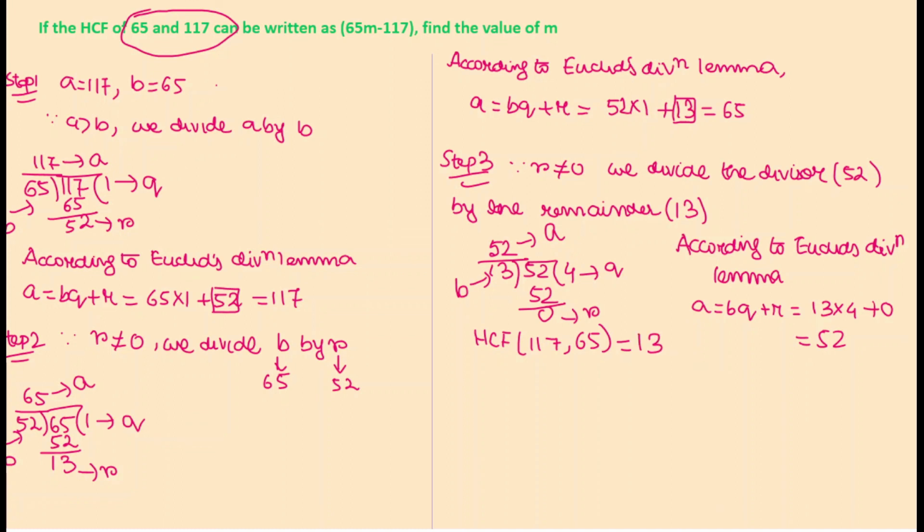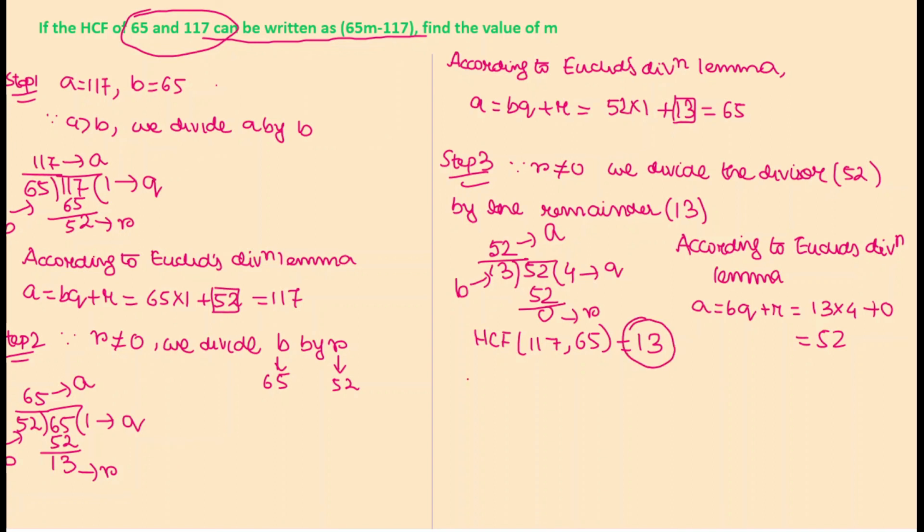Okay, so once we got the value of HCF as 13, this value we are going to use over here, because it is said that the HCF of 65 and 117 can be written as 65m minus 117. And you are getting the HCF as 13.